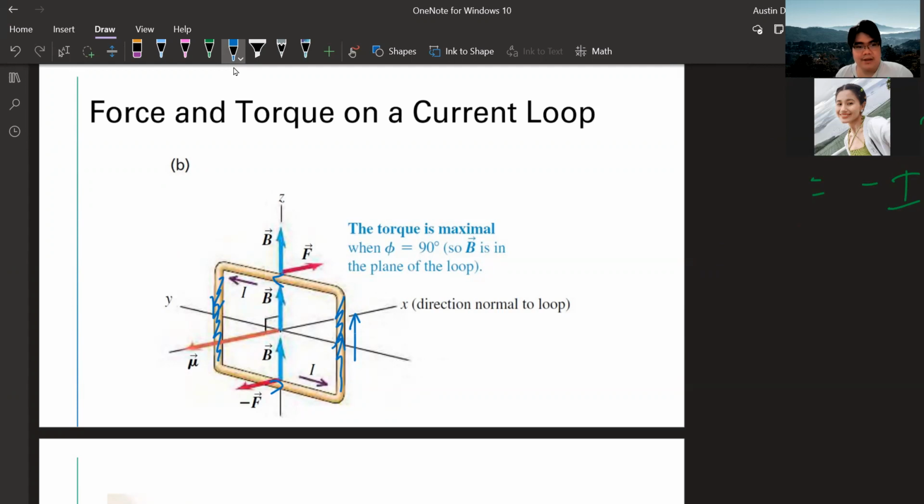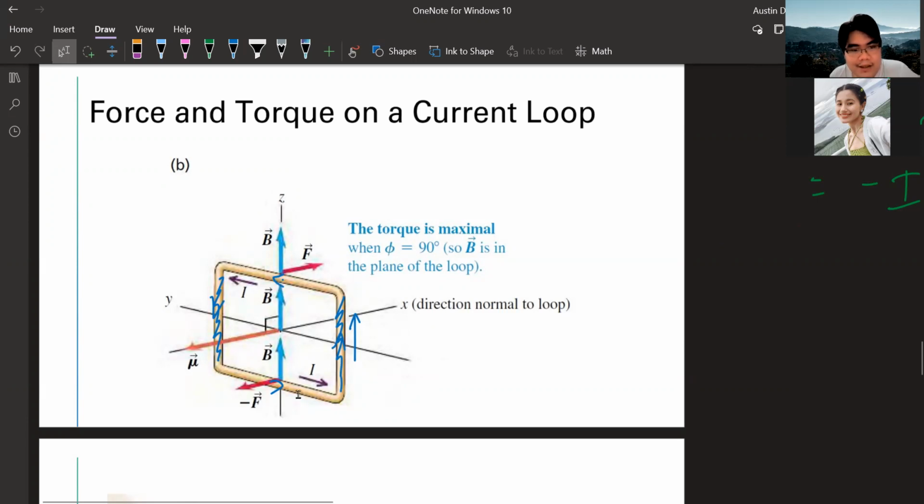But on the top and bottom lengths, top and bottom sides, makikita mo that the I is going through the y-axis. So therefore, y cross z is just going to the x. Okay? And then similarly, sa baba, going to the negative y yung direction ng current mo.